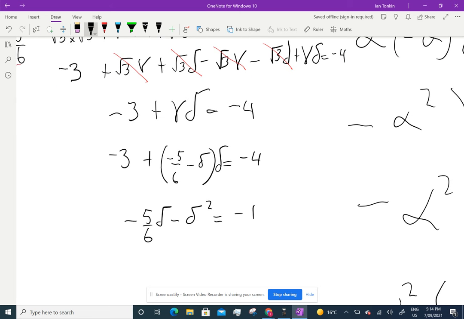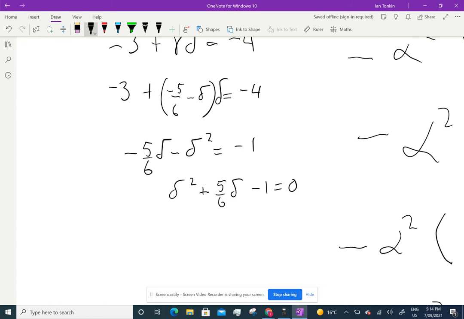Taking everything over, delta squared plus 5 on 6 delta minus 1 equals 0. Multiply everything by 6: 6 delta squared plus 5 delta minus 1 equals 0.